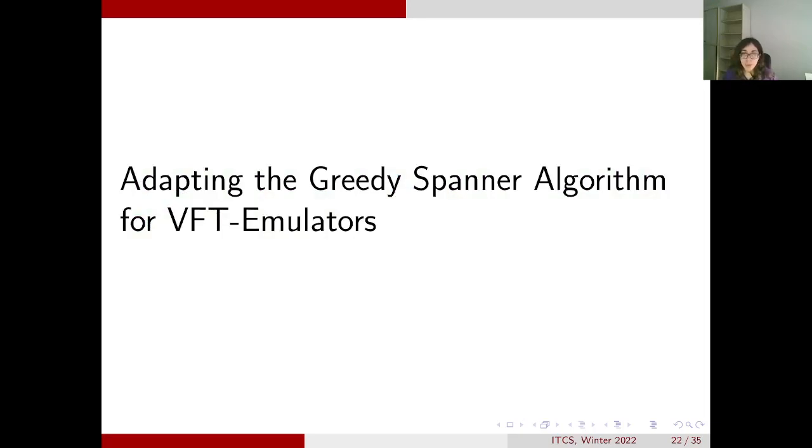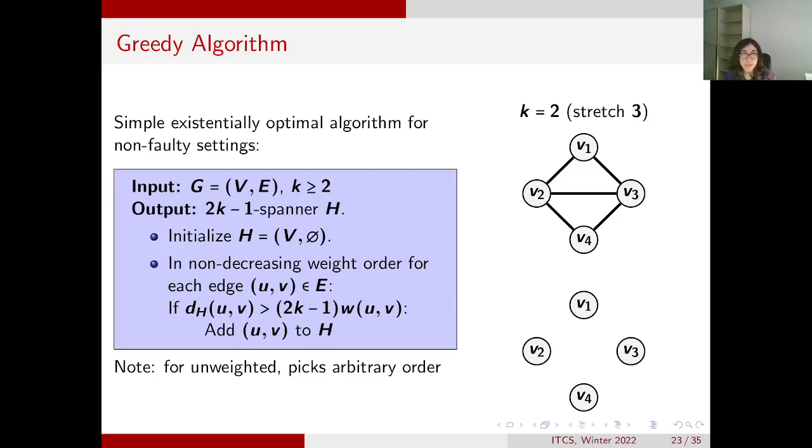Let me start with a non-fault-tolerant algorithm for constructing spanners. It's a well-known algorithm called the greedy algorithm, and then I'll explain how we extend it to the faulty case. This algorithm is pretty simple and it's existentially optimal, and this is how it works.